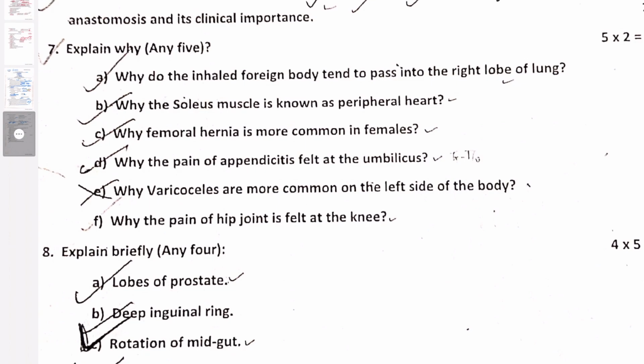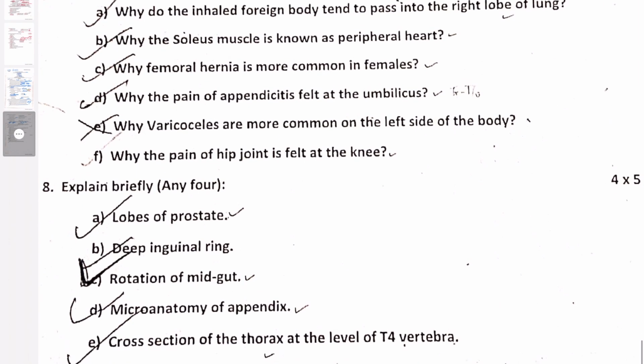Varicoceles are more common on the left side of the body because the left testicular vein drains to the left renal vein at 90 degrees. So there is less pressure for the venous drainage from this left testicular vein. So there are chances of collection of blood in the left testicular vein, by retrograde collection of blood, and that leads to varicocele on the left side.